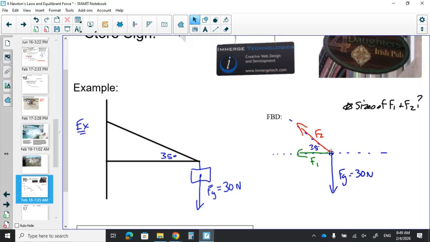So if I had my F1, let's make this one a different size on purpose here, so we can come back and see what's wrong with it. F2 is a little bit wrong, if you can see why.